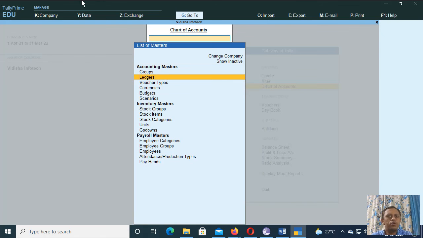Now coming to the voucher types. There are many voucher types and we know that very well and we use it in our daily real life also.